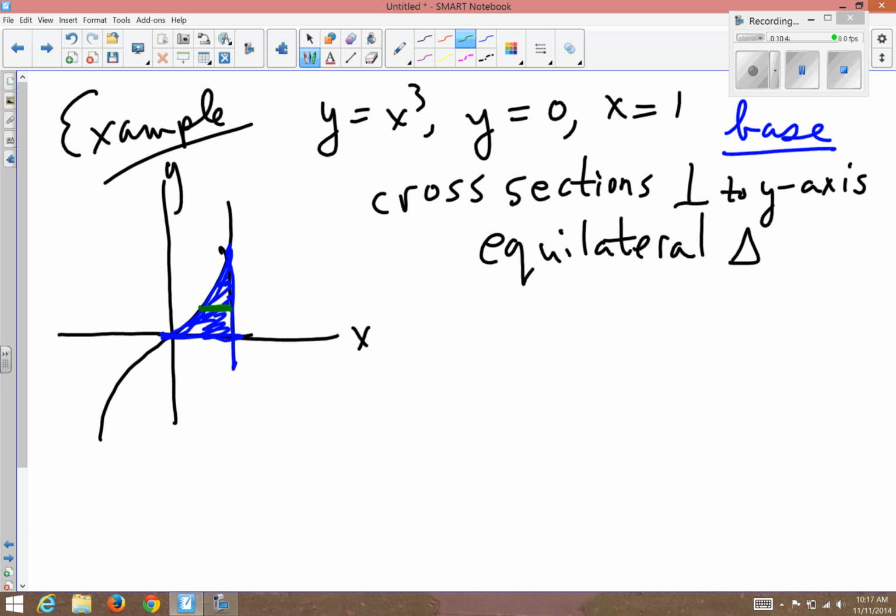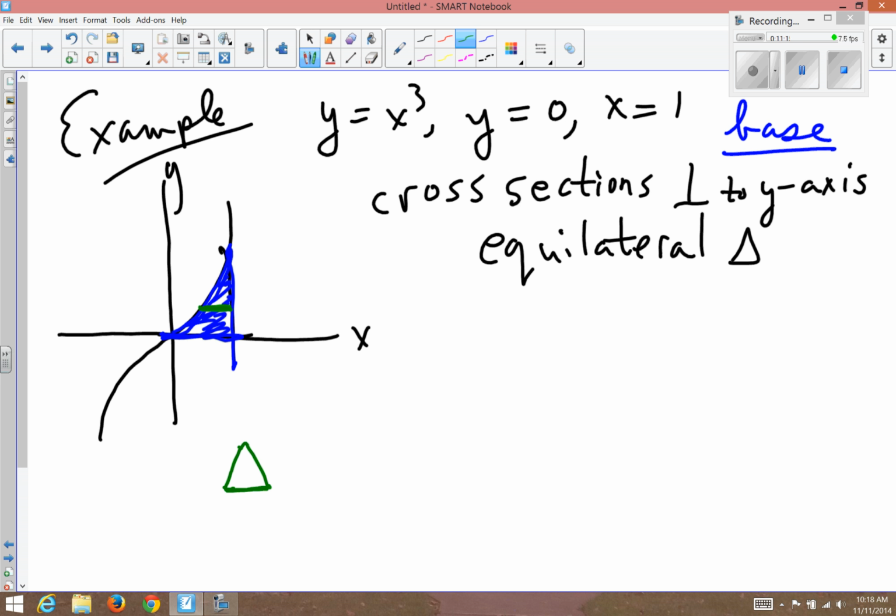I'm going to take that one slice out and turn it sideways to show you that its shape is an equilateral triangle. This is one slice. If you make a slice anywhere else, perpendicular to the y-axis, it will be a longer slice, but the shape of the slice will still be an equilateral triangle.